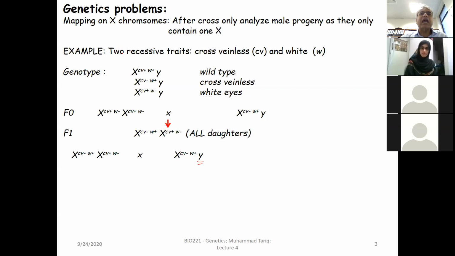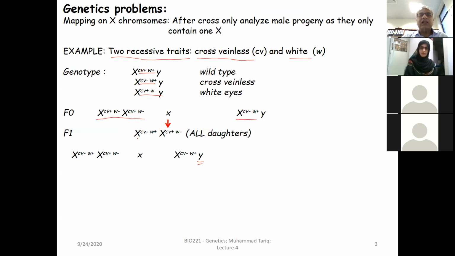For example, we have 2 recessive traits, cross-veinless and white, both lying on the X. So we have wild type flies, cross-veinless mutant males, and white-eyed males. We set up a cross: a female which is white, crossed with a cross-veinless male.